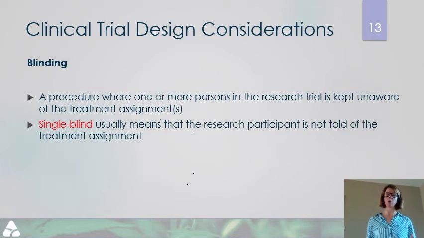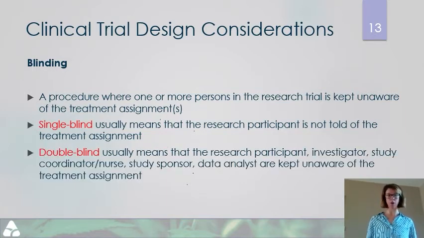Or if you knew you were on the active control group, you might suddenly start taking more care with your diet because you become more conscious of your health. So it's really important that the patient themselves doesn't know what they're getting. So if a study states that it's single blind, it means that the participant doesn't know what they're on.